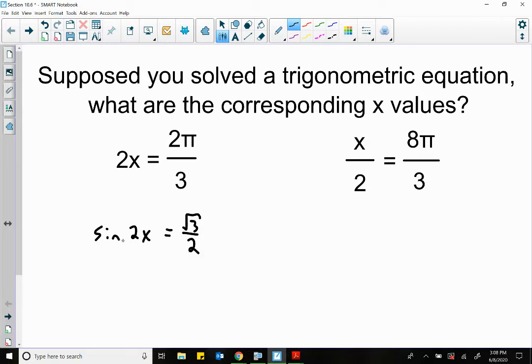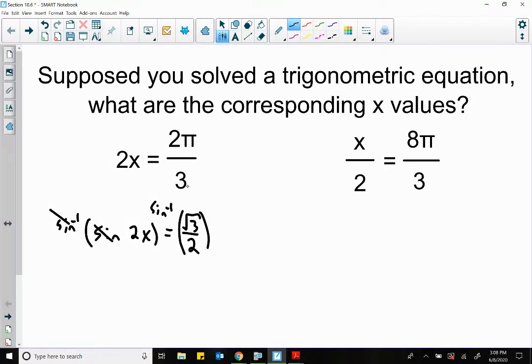So when I take sine inverse, the sine inverse has canceled out the sine there, leaving you with 2x. And then sine inverse of square root of 3 over 2, when is sine square root of 3 over 2? One of the answers is 2 pi over 3. So you can see that the inverse has already been done.